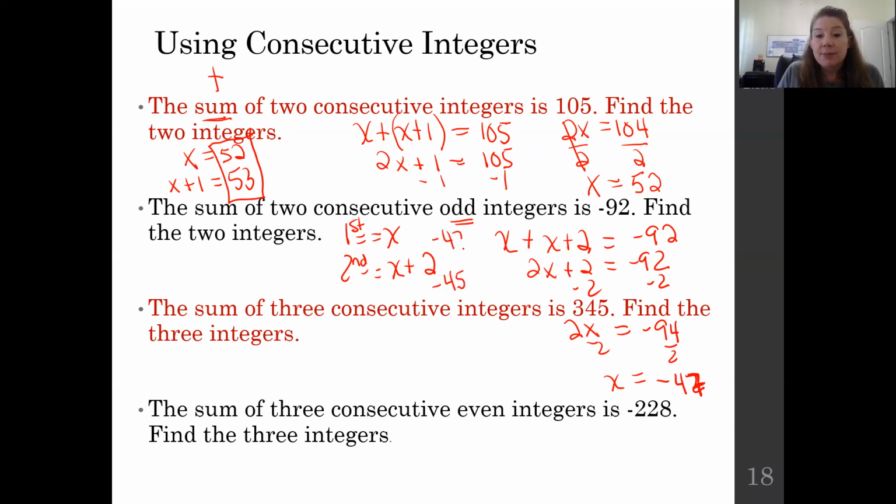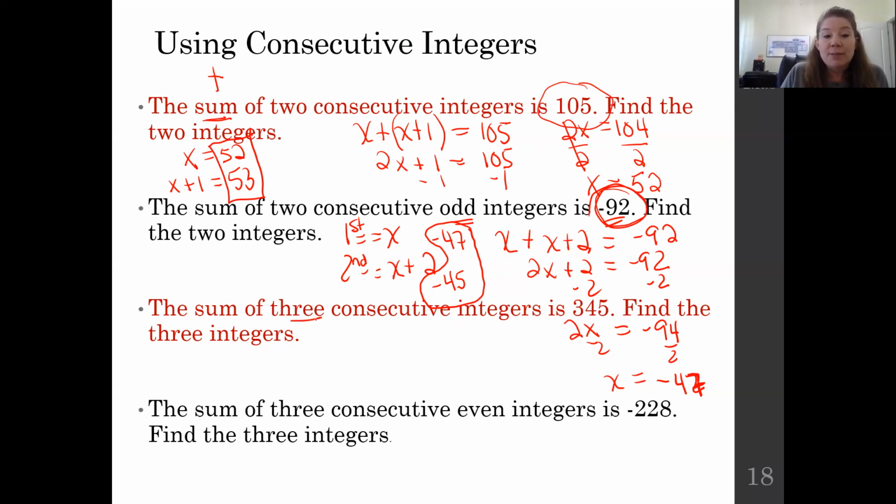Negative 47 plus negative 45 is equal to negative 92. Okay. And for all of these, if it's looking for two numbers, just divide this number by 2 and then figure out the closest odd numbers. Odd, not even, odd numbers.